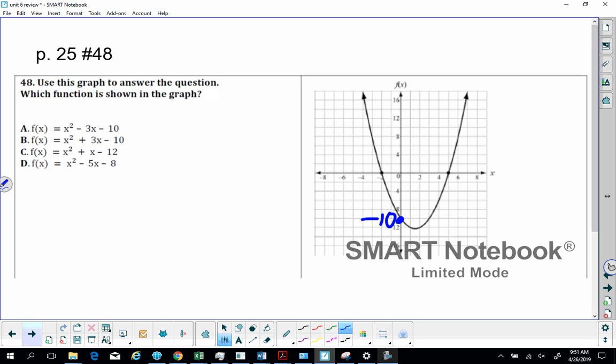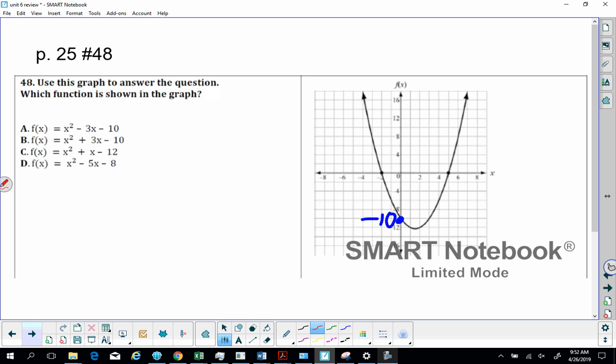Look at your blue sheet. It's B when it's linear, but for quadratic it's going to be C. So it's ax squared plus bx plus c, and the number that's all by itself will be negative 10.